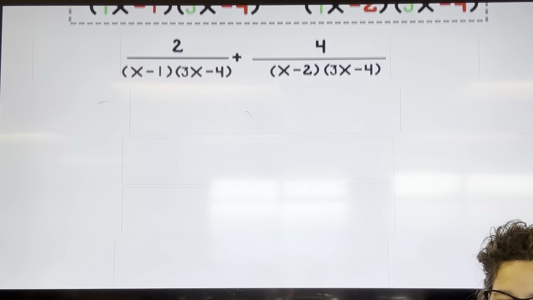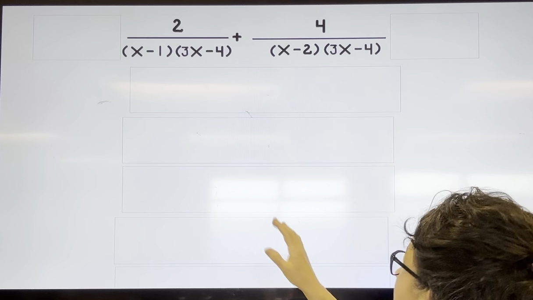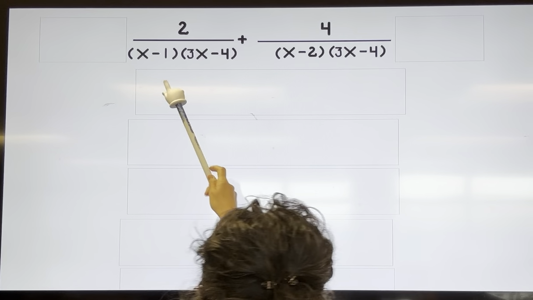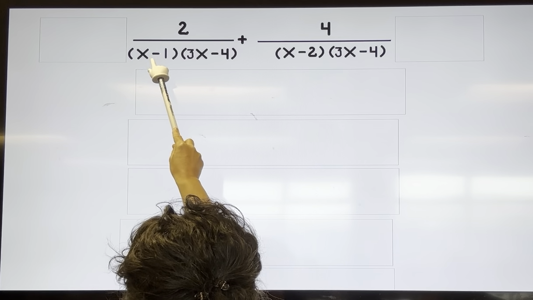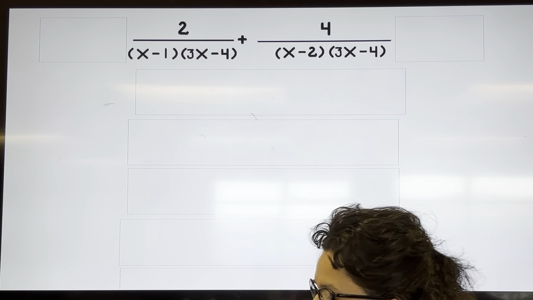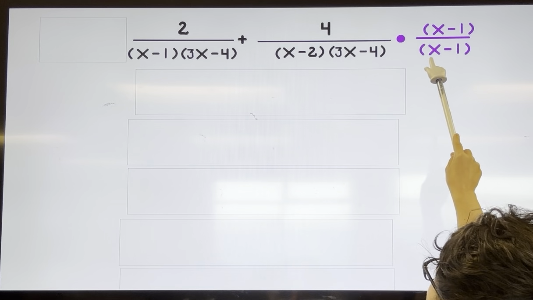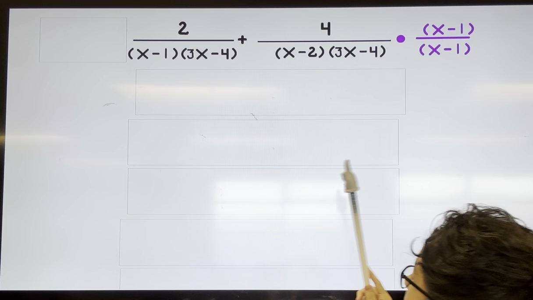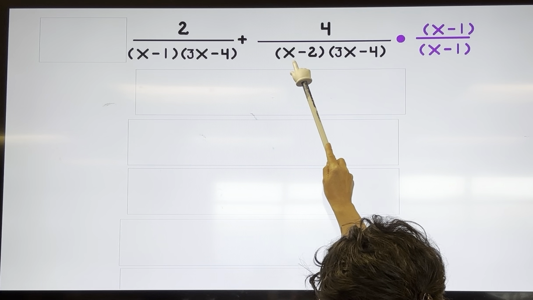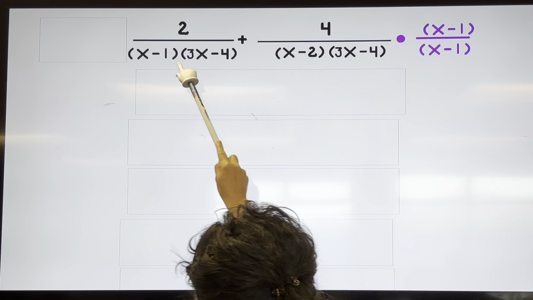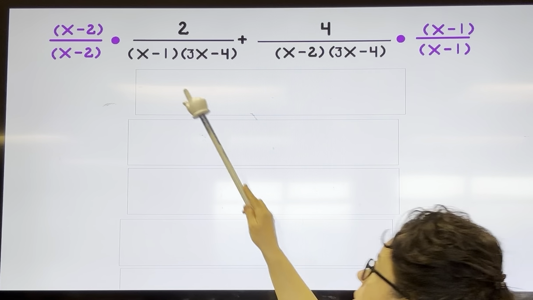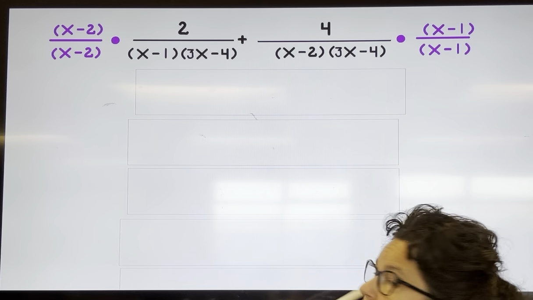Okay, so from there, if we're going to force these denominators to be the same, this denominator here has an x minus 1 and this one doesn't, so this denominator needs an x minus 1. But whatever I do to the bottom, I do to the top. And then this denominator has an x minus 2 and this one doesn't, so it needs an x minus 2. Whatever I do to the bottom, I do to the top.